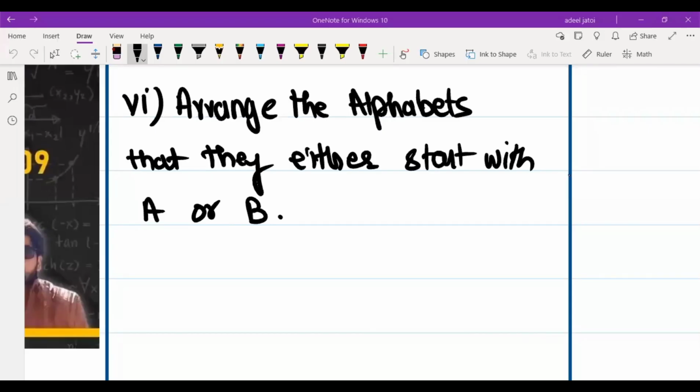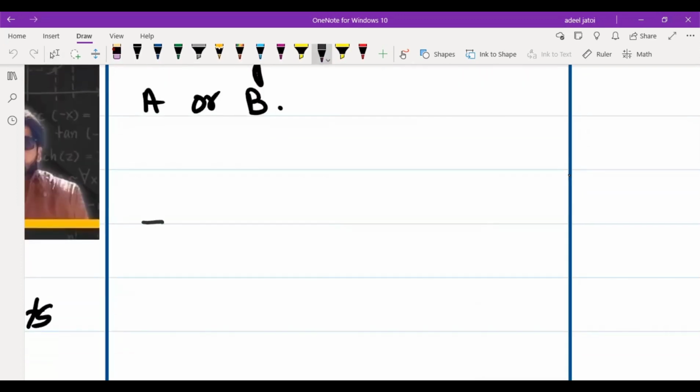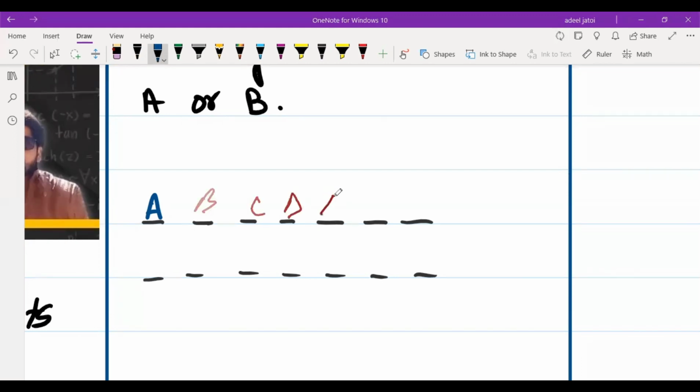Okay, now the example question says in the same case of A, B, C, D, E, F, G non-repeated alphabet, arrange the alphabet so that they either start with A or B. So again, there are 2 ways to do it, separately or together. So if I say 1, 2, 3, 4, 5, 6, 7, if I just say that it starts with A, that means your B, C, D, E, F, G will come here.